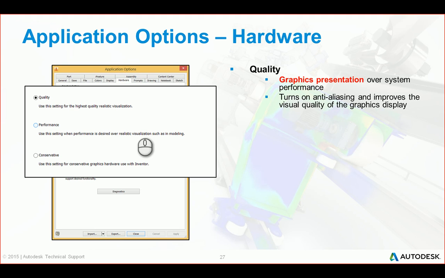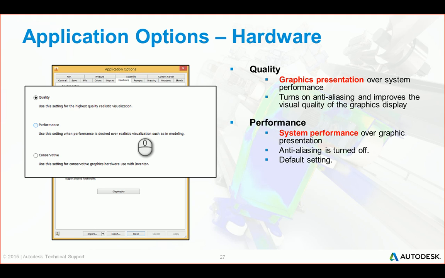Performance is usually used, and this is basically, I'm trying to get as much done as I can without the graphics being 100% perfect. So the colors may not be exact. Anti-aliasing will be turned on, so the edges of the parts, if they're at a slight angle, they may look a little jagged.